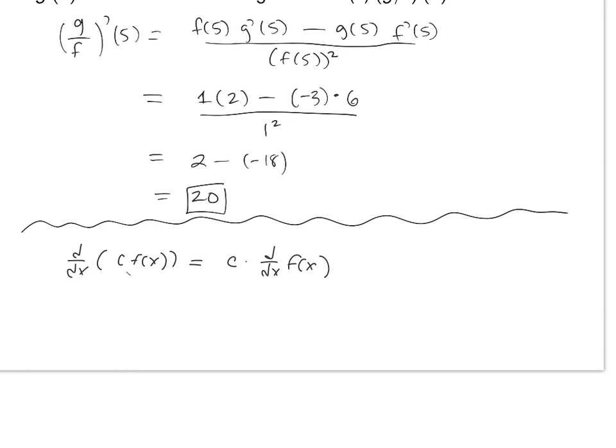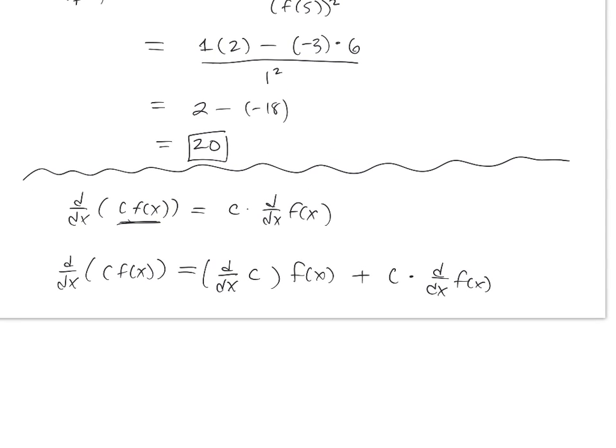And the question is, does that jive with the product rule? Because if you applied the product rule to this, so suppose you forgot that was a rule, and you're like, oh my gosh, I'm not sure what to do with that function, you would take the derivative of the constant times f of x plus the constant times the derivative.